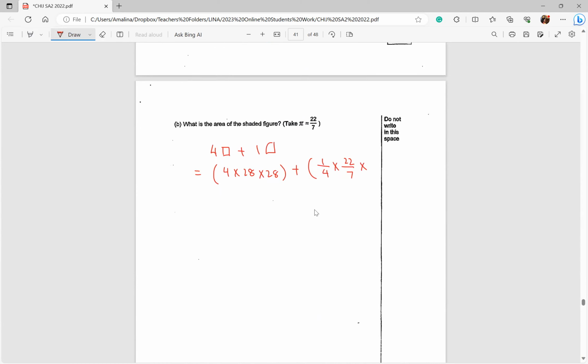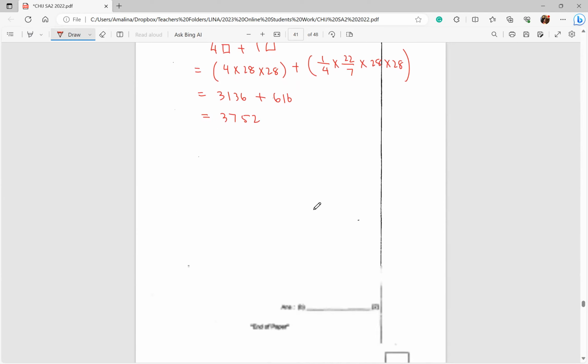So times 28 times 28. If I work this out, I get 3136 plus my 616. So I get my answer 3752. That's the answer for part B, 3752 cm square.